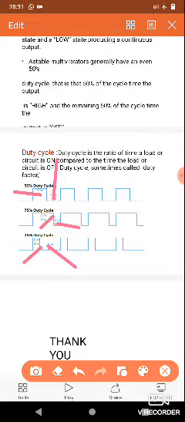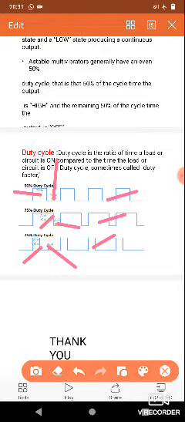So it is the on and off ratio: here 50-50, here 75-25, here 25-75.